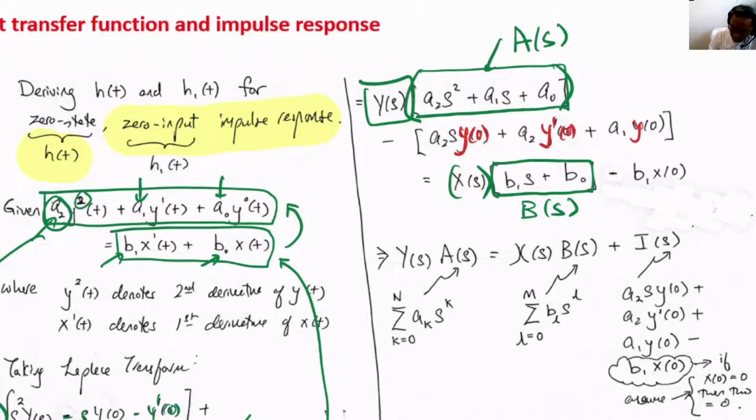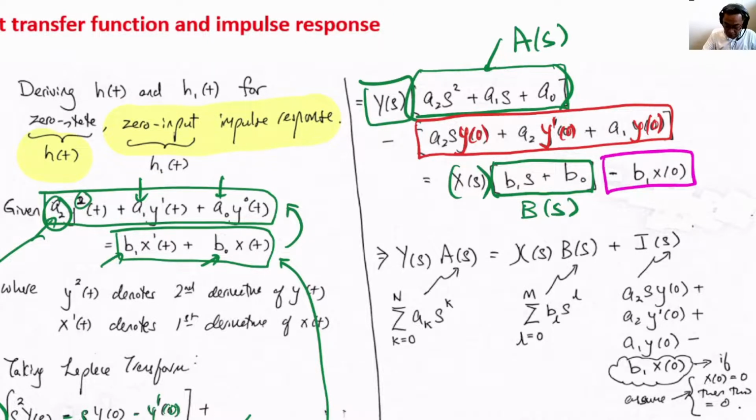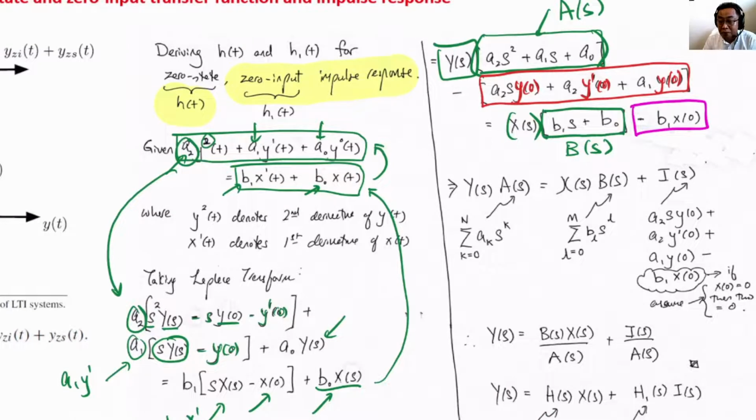This is the initial condition from y, and we have another initial condition from x. Let's group all these three things together. We have Y of s A of s on the left.